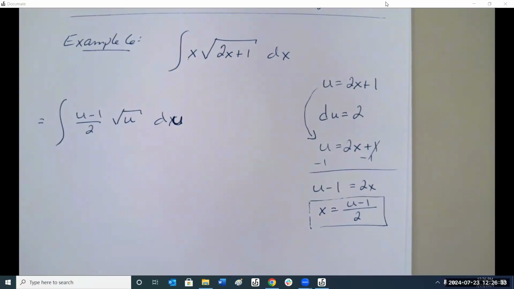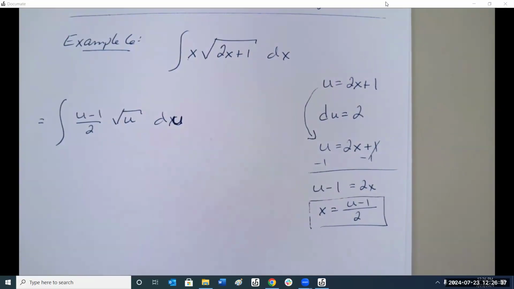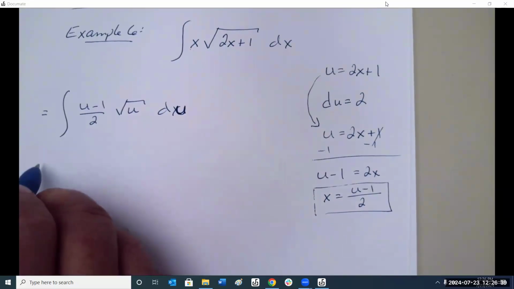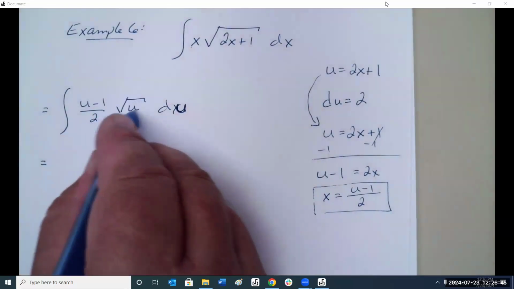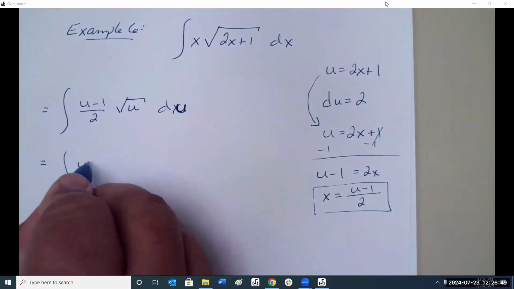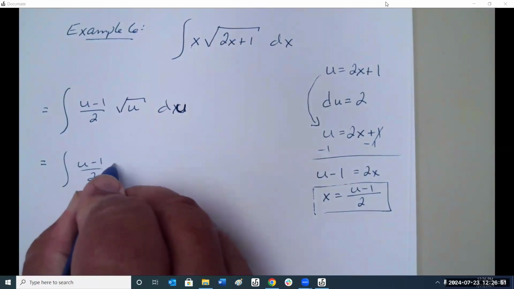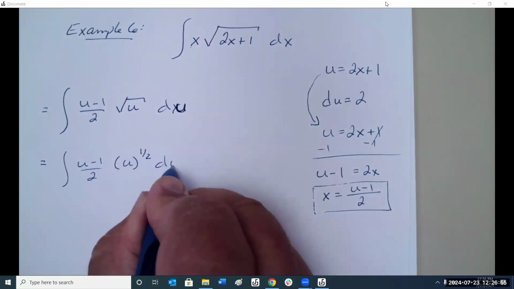So far, so good. What do we do now? Well, we have to write this one: u minus 1 over 2, times u to the power 1/2.